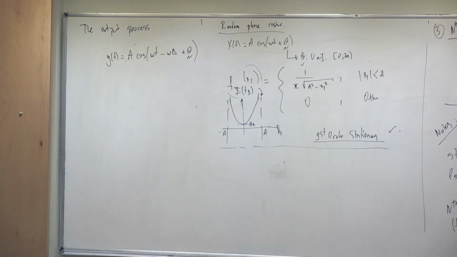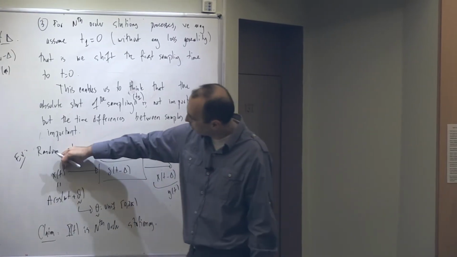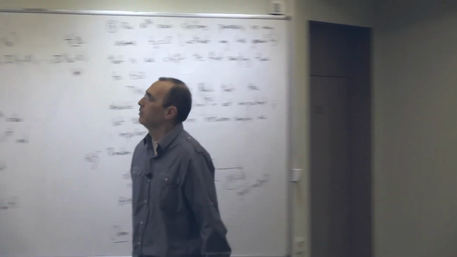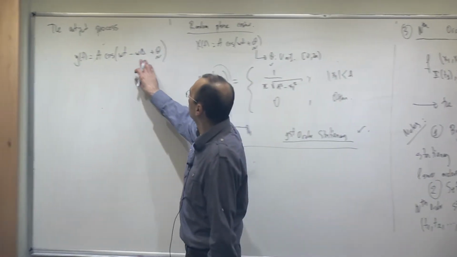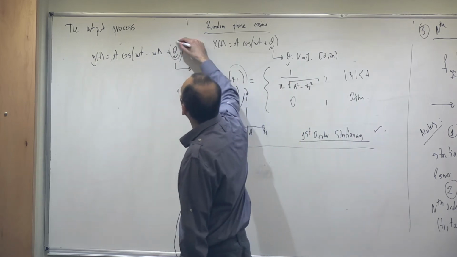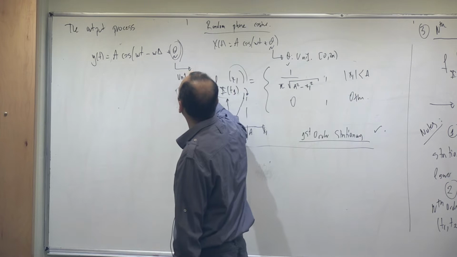Do you agree? Because over here, I substitute all t's that I see by t minus delta, then expand. I get this. Okay. Now what do you see? Theta is uniform 0 to pi.